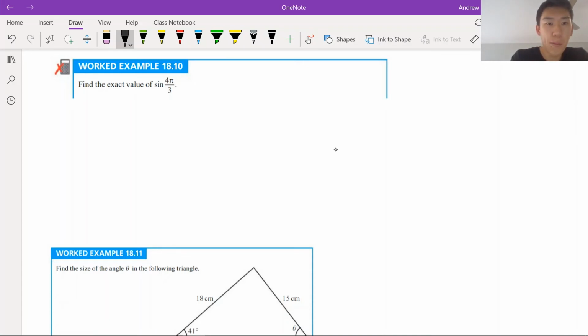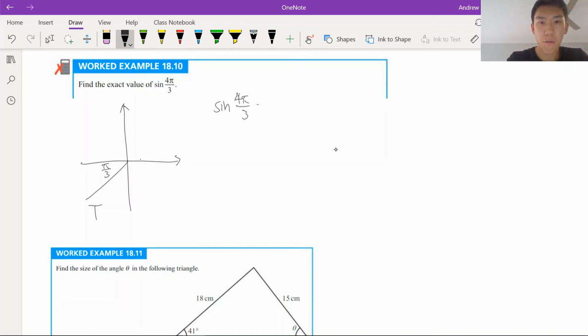So 4 pi on 3, well, it helps to draw it first. 4 pi on 3 is going to be in the third quadrant. The angle we're concerned with is pi on 3, the acute angle that we want. So in this quadrant, sine is negative.